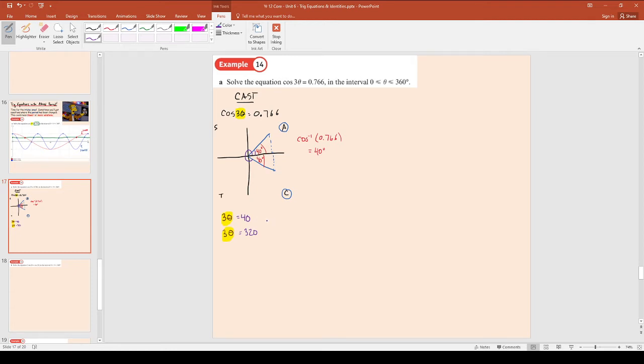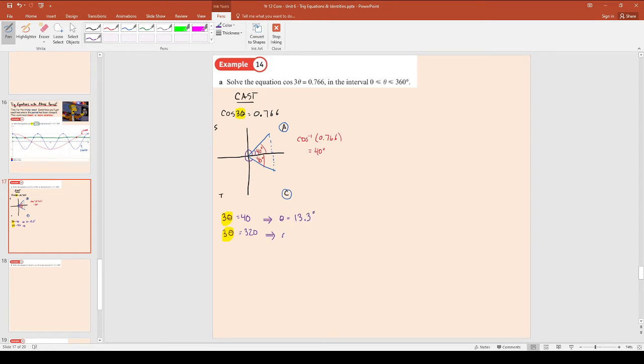Now here's what I'm going to say to make your work tidy. This is called a mathematical implication sign. If you do an equal sign with an arrow on it, it is an implication sign. It means that it follows that. So in other words, 3 theta equals 40 means it follows that theta is equal to 40 divided by 3, and let's go with 13.3 degrees.